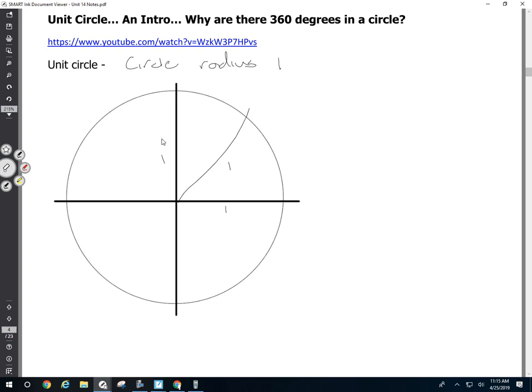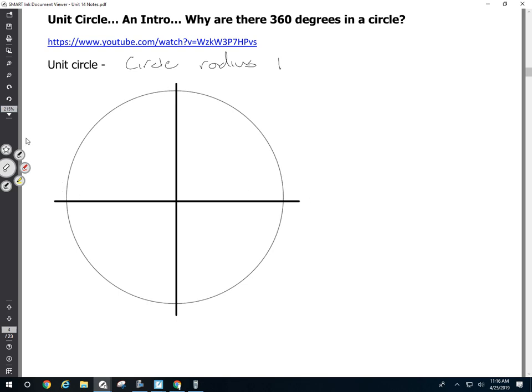Okay, now with angle measurements, we can actually look at the angle measurements of a circle. And we are used to talking about degrees and how there's 360 degrees in a circle. Well, what we're going to do, and this is just for this situation, we're going to call this a y-axis and this an x-axis.